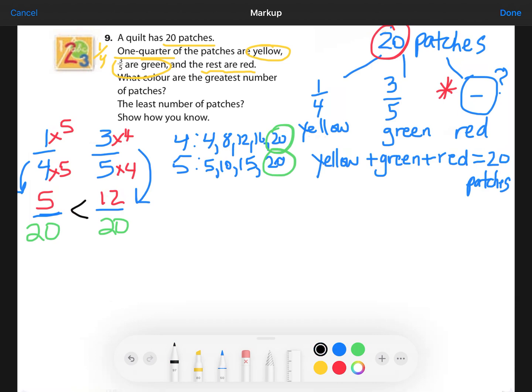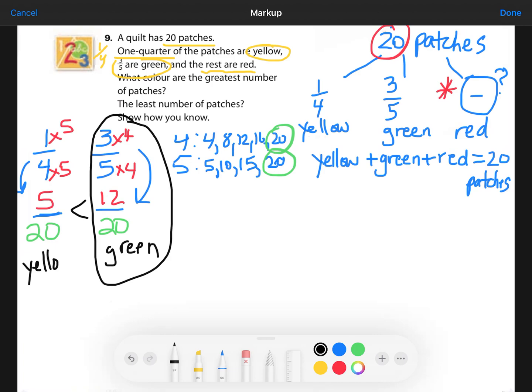So I'm going to do this. Okay, so for sure I know that there are more green patches. So 3/5 or 12 twentieths are the green patches. And the yellow patches are 1/4 of all the patches, otherwise known as 5 twentieths, because they're equivalent.